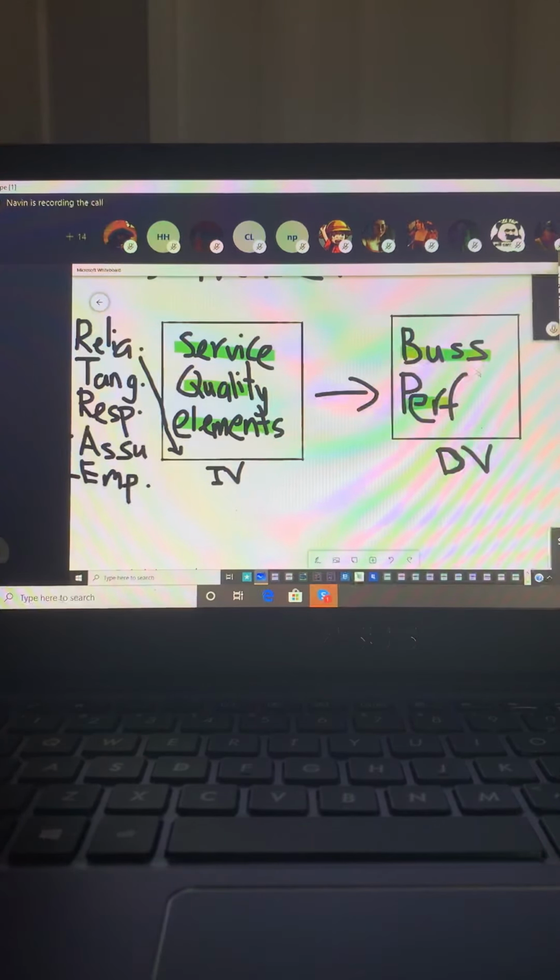For instance, if you choose McDonald's, what you're studying is the impact of service quality elements on McDonald's business performance. What are the service quality elements? Obviously, these 5 things: reliability, tangible, responsiveness, assurance, and empathy.